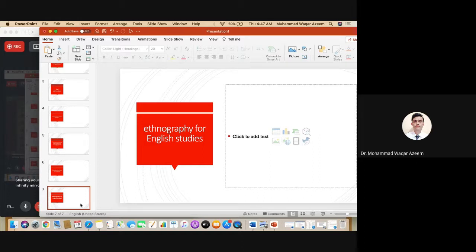Of course, you will get to know about that from your reading of ethnography, because ethnography precisely is the representation and record of the culture of a particular region in a particular time period. So you will use that material in order to analyze a literary text.